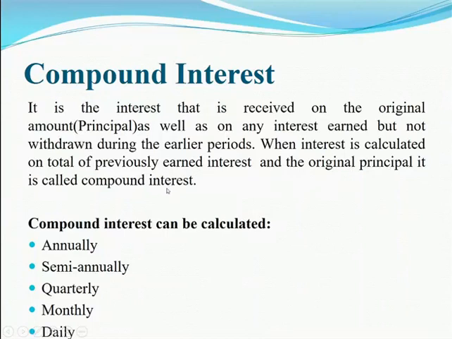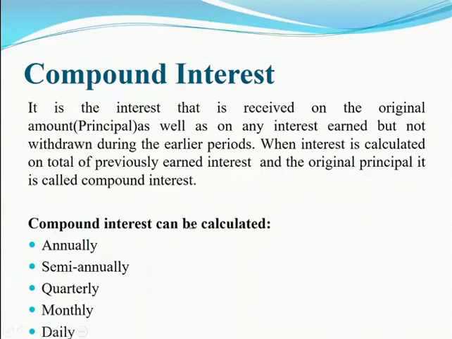The difference between simple interest and compound interest is only one, that is, in simple interest you are going to calculate interest only on the original principal amount for each year, whereas in compound interest for each year you are going to calculate the interest on the original principal, as well as the interest that you have earned or received in the preceding year.